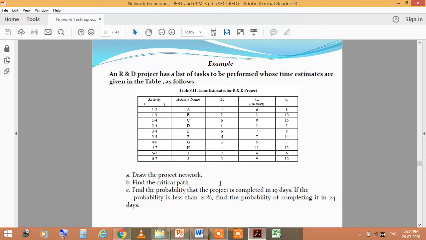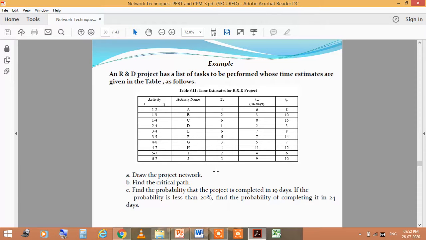Now you have to draw a project network. Like in my previous video, where I told you how to draw a network, here you also draw a network as per the information given in this table. The next is to find the critical path, which I have already told in my previous video, so go through the previous video.